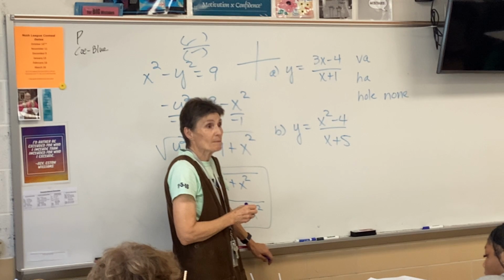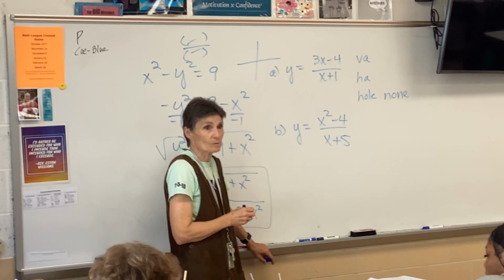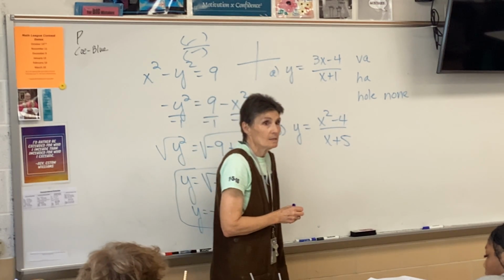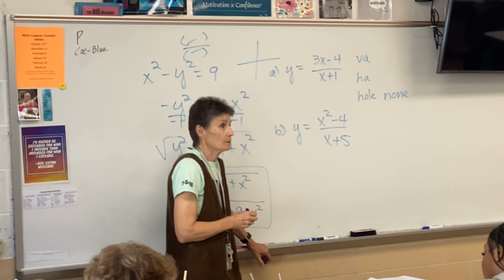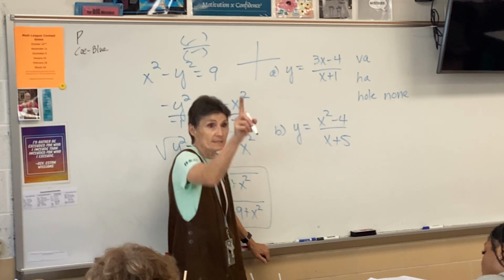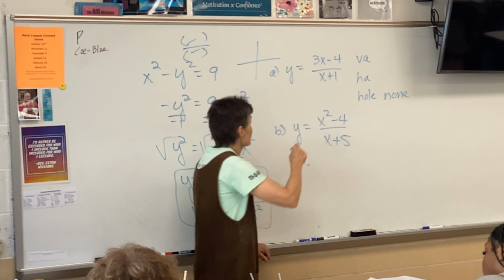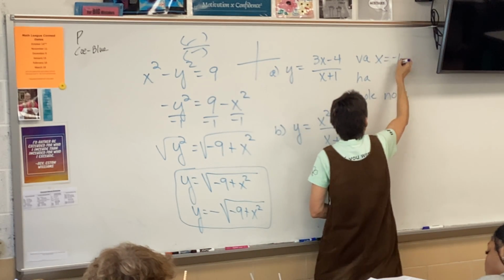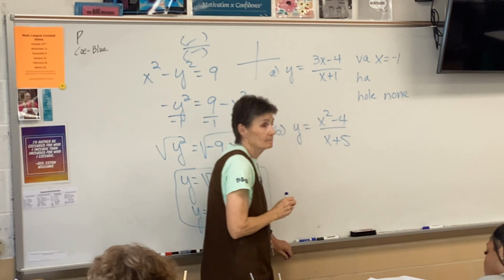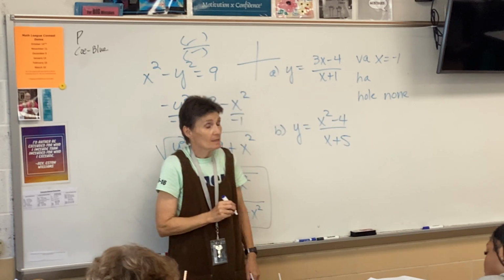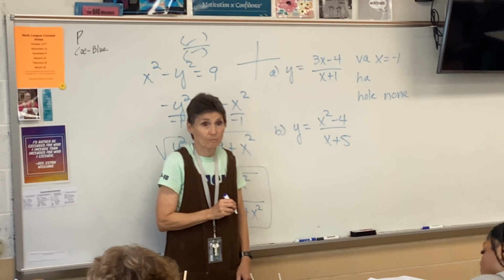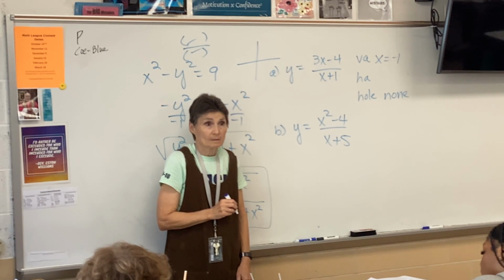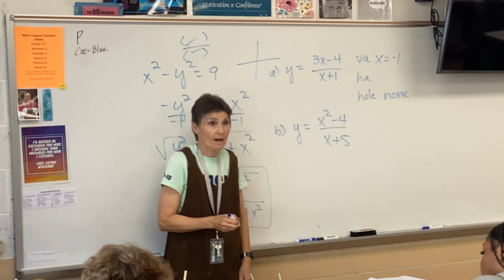Now, tell me about vertical and horizontal asymptotes. This is an easy one. Vertical asymptote comes from the denominator. You have to box the denominator. So x cannot be negative 1. Because what happens if x is negative 1? Denominator 0, and that's not allowed.